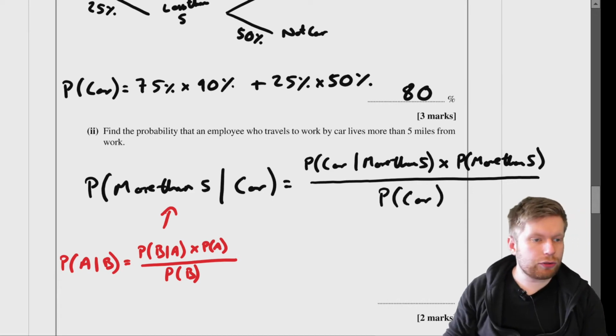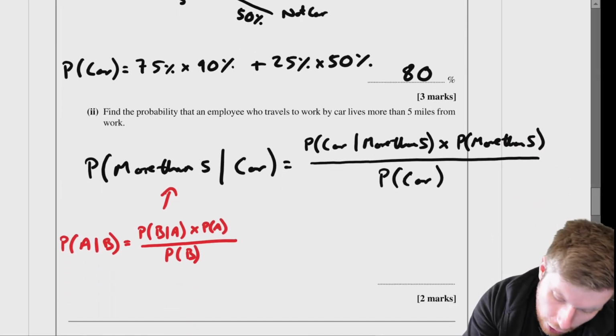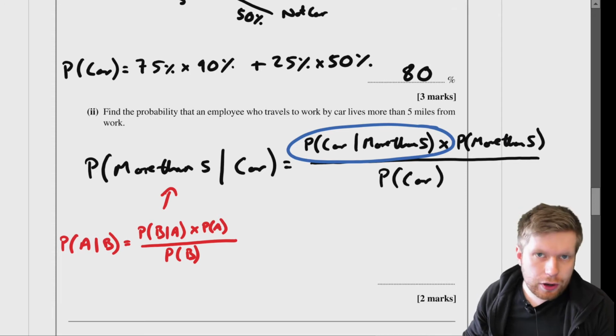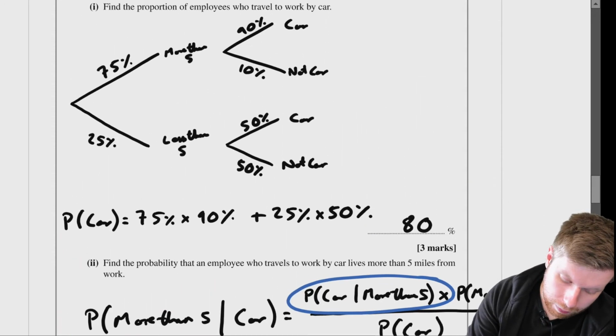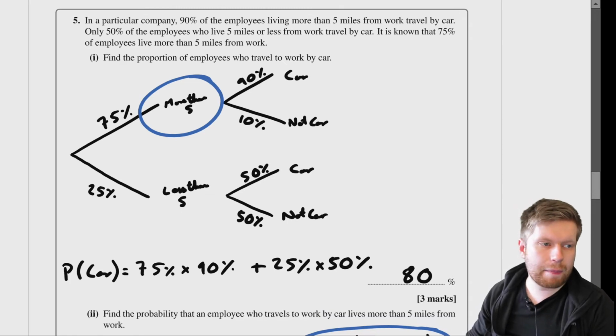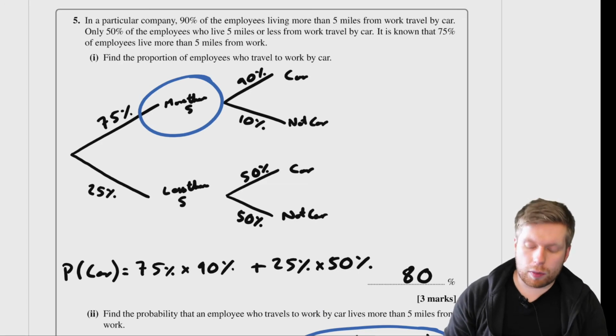Now let's go through this systematically, and we'll refer back to the tree diagram we did at the top. First, let's find the probability that they travel to work by car given they live more than 5 miles from work. We're given they live more than 5 miles from work, so we're looking at that position there, and then working out the probability that they travel to work by car.